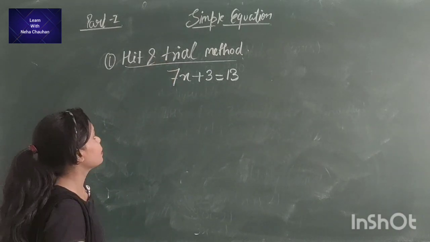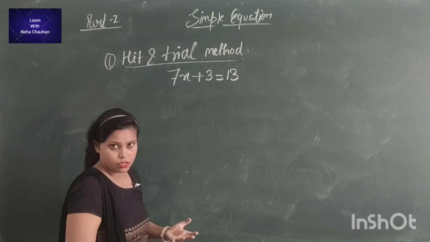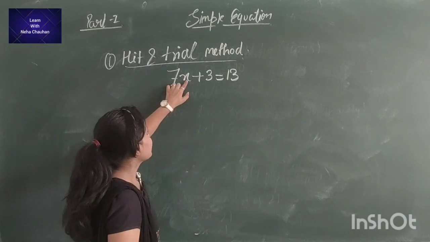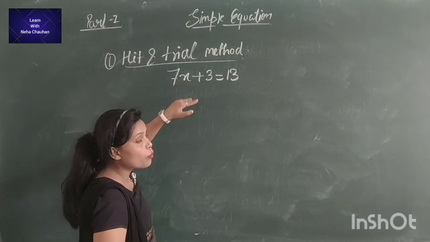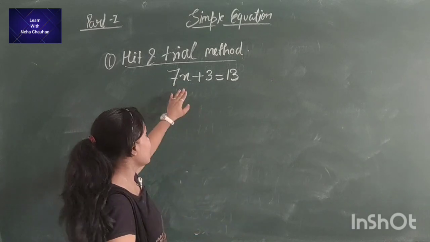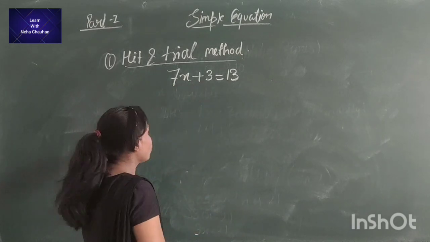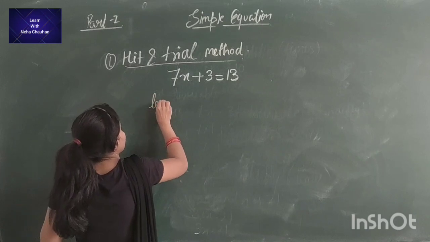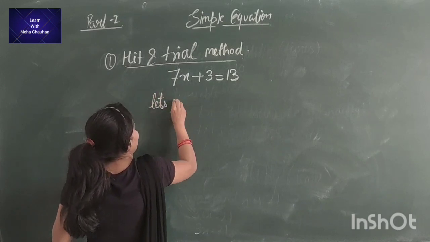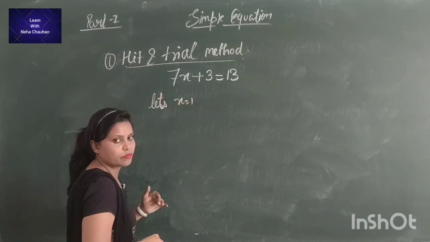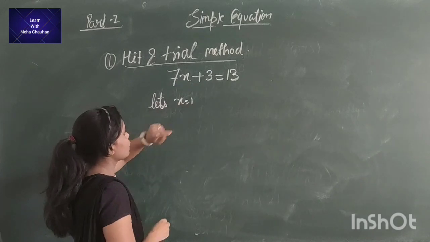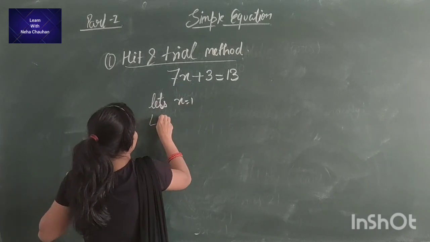In hit and trial method, I am supposed to assume the value of x. Okay, so let's assume x is equal to 1. If I assume x is equal to 1, what will happen?